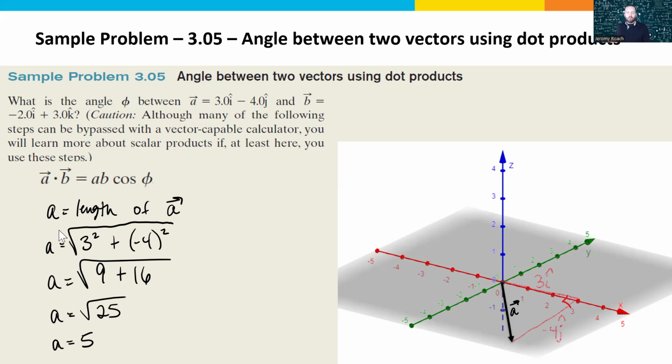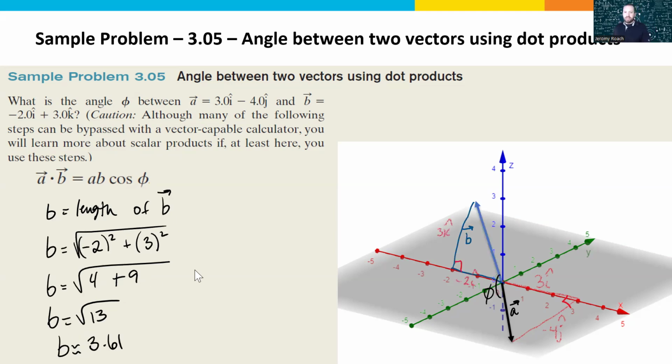But this is the same Pythagorean theorem formula that we used from earlier. We just know that the magnitude of vector A is the square root of the x component of A squared plus the y component of A squared. Then we add them together, find the square root, and we get that A is equal to 5.